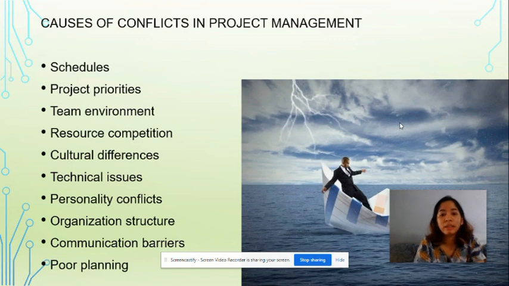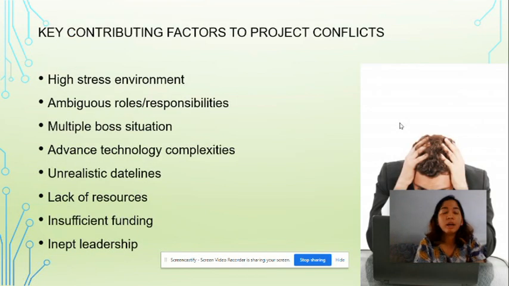And there are also some key contributing factors to project conflict, which are high stress environment, ambiguous roles and responsibility, multiple boss situation, advanced technology complexities, unrealistic deadline, lack of resource, insufficient funding, inept leadership.